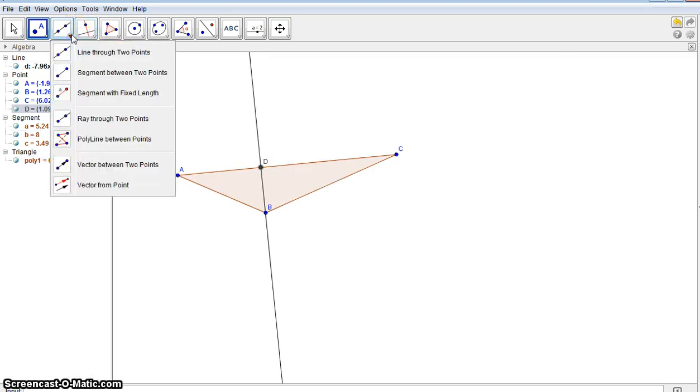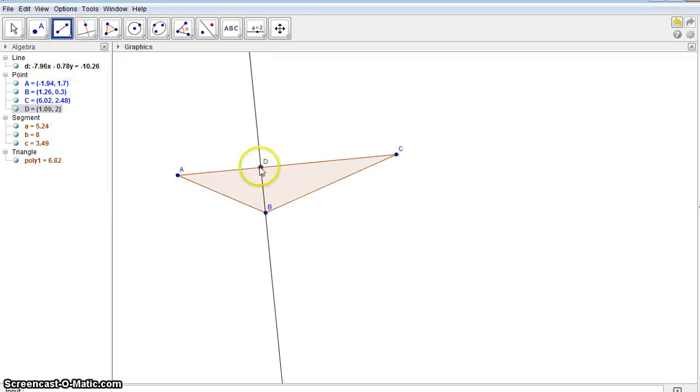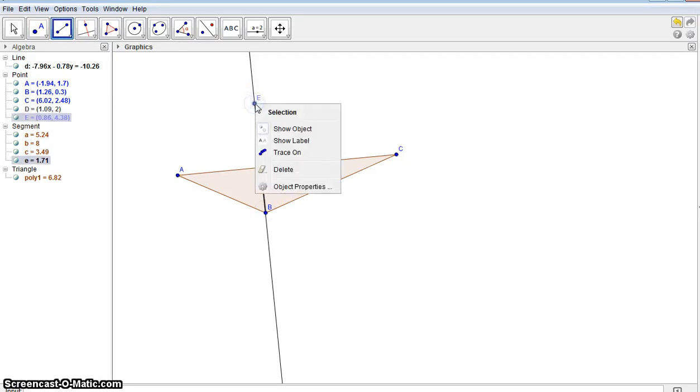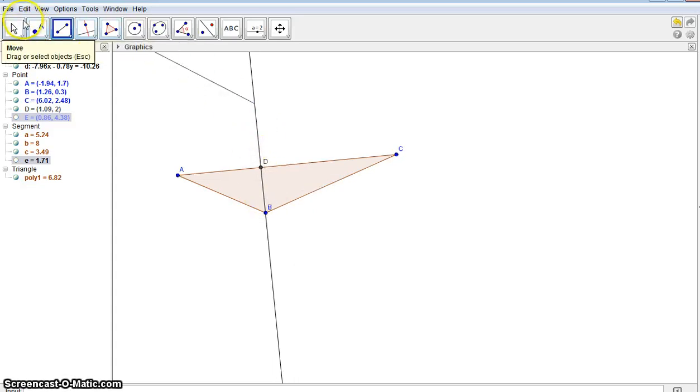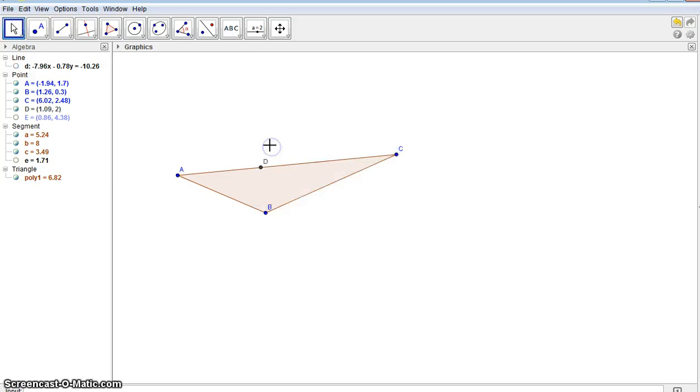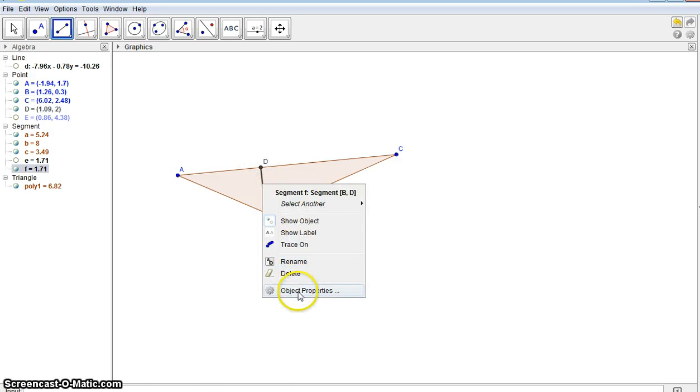So let's add a segment, and let's turn off the long line we used to trace it. Let's add that segment again, and let's make it a dotted segment.